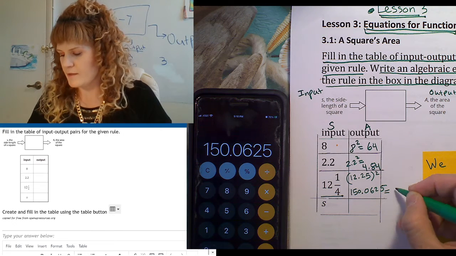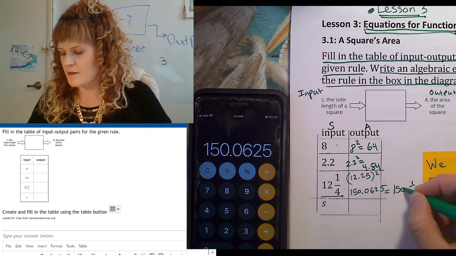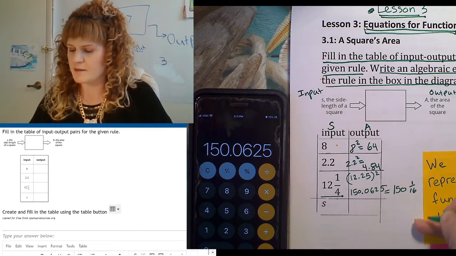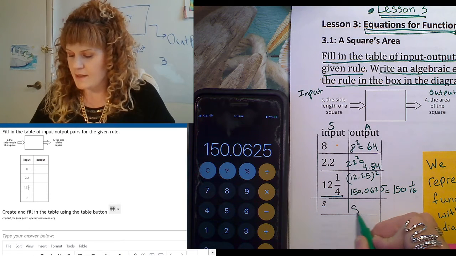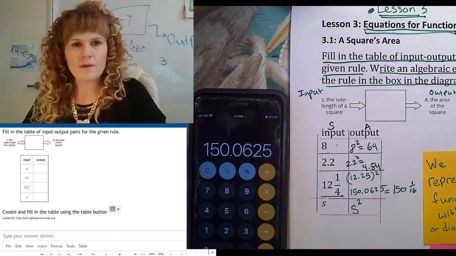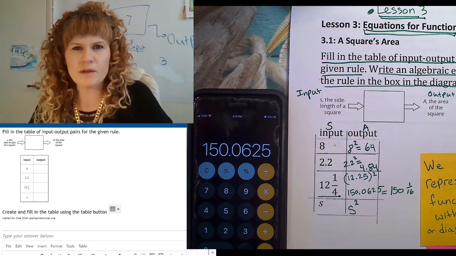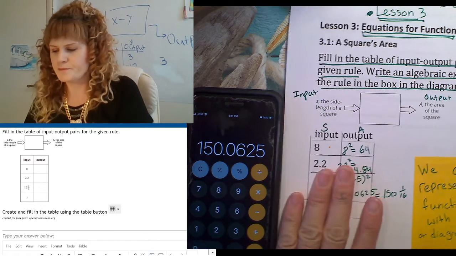And then I'll go ahead and convert that back into fractions in case I need it in fractions. That's 150 and a 16th. If the side length is S, then the area is S squared. Okay, we did it. We filled in the table of input-output pairs.